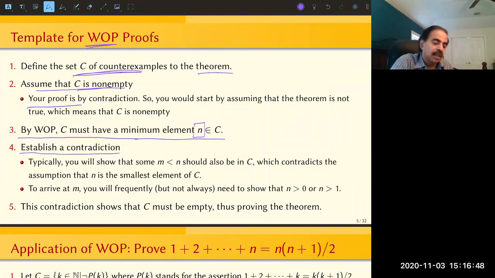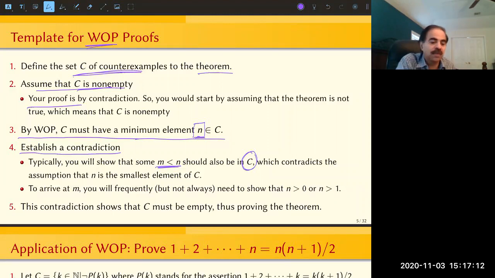Now, using n, we will establish a contradiction. What is the contradiction that we will establish? We will show that there exists some other m that is less than n, but it should also be included in the counterexample set. That would be a contradiction because you already said n is the smallest element.